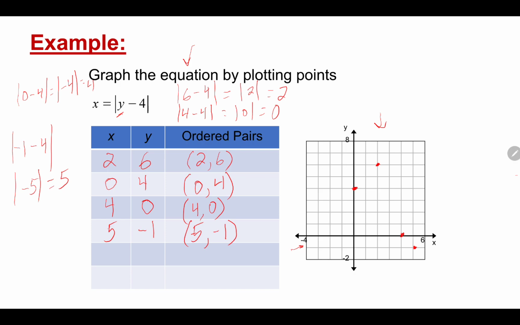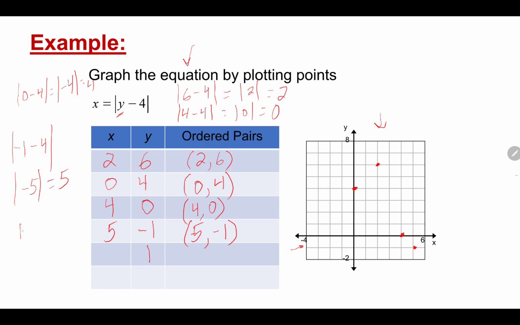Let's try, oh, I don't know. What do we want to try? We could try plugging in x in and solve for y, but that's harder. And in these cases, we always want to try to do whatever's easiest for us. So let's see, we haven't plugged in a 1. So let's plug in a 1 for our y.